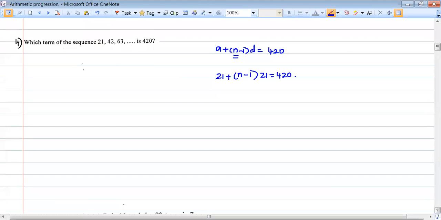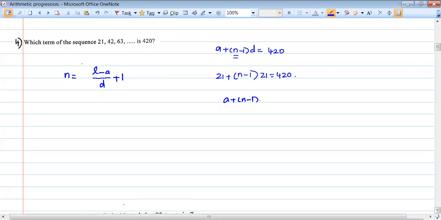So let me tell you the direct formula for this. n is equal to L minus A divided by D, plus 1. That's all. Actually, this formula has been derived from this equation only.